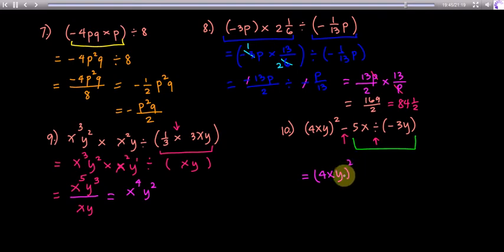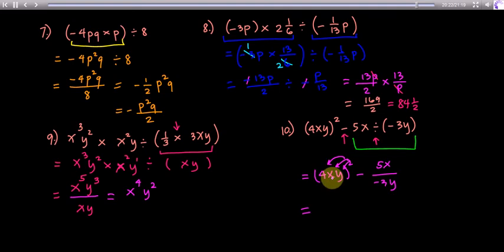Well, actually we could also do this at the same time. I will do it one by one. So let's do first this negative 5x, so this minus 5x divided by negative 3y. We're having 4xy squared, so we could distribute the square to every element inside the parentheses.